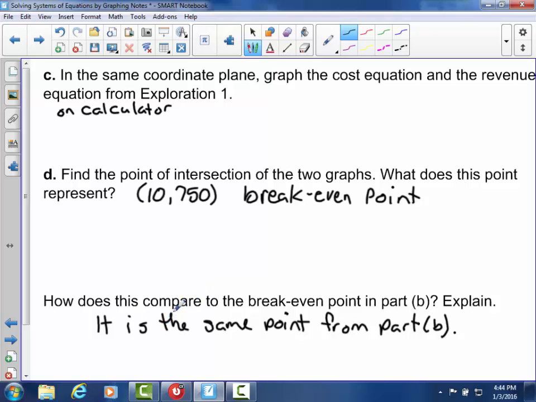It's the same point because it's the point that's in common to both the table and to the graph. I guess we should say both lines, really.